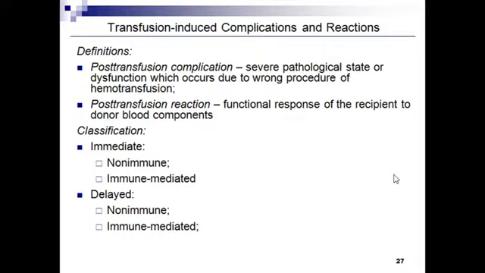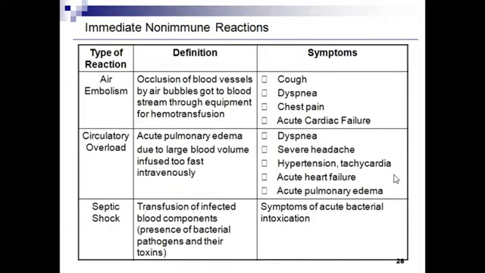Classification: they can be immediate, when the complication or reaction starts just after transfusion begins, or delayed, when the complication or reaction happens a few days or weeks after transfusion. Classification of immediate non-immune reactions.